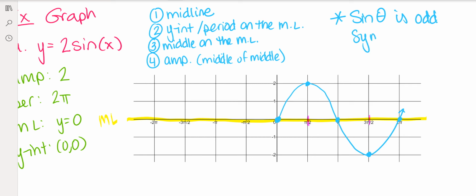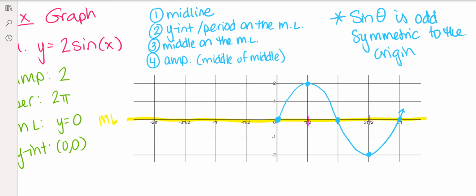Therefore, it is symmetric to the origin. I can use that to do the rest of the graph. Going forward, it's really easy to follow that pattern. Going backwards, it might not be so easy. So symmetric to the origin means everything is going to flip around when we graph the left side.